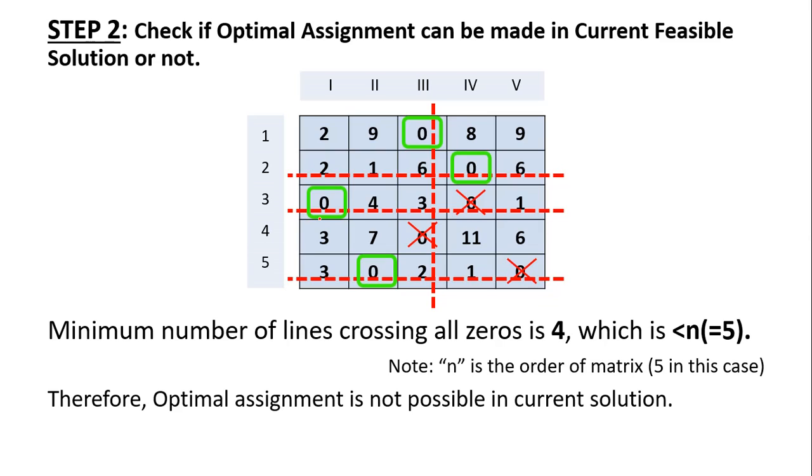So the question here is how to select these zeros. Now you can start off with the first row or first column, whichever the first zero that you encounter, you can assign that zero or mark that zero as the marked assignment, either row wise or column wise. So here I have done row wise. The zero that I encounter here at the first, I have marked it.